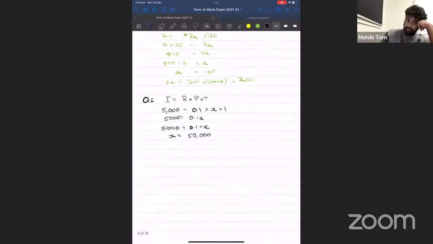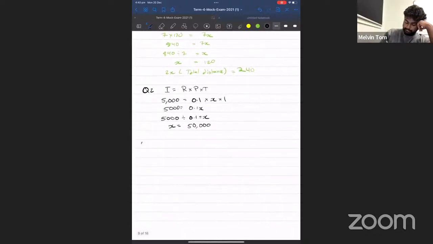All right. Question number 3. A rectangle is 4 times as long as it is wide. If the length is increased by 4 inches and the width is decreased by 1 inch, the area will be 60 square inches. What are the dimensions of the original rectangle?